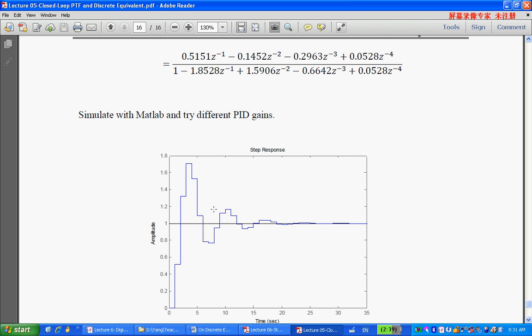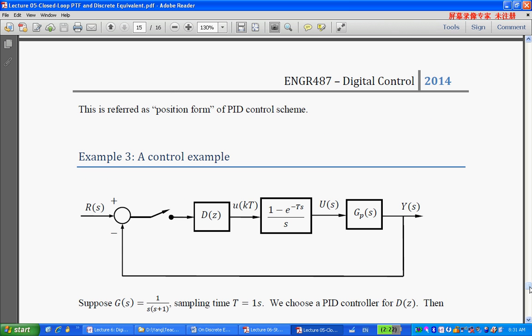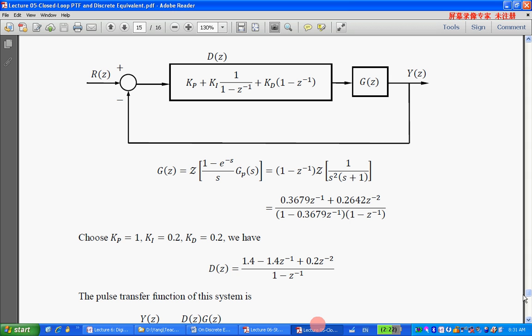And try to adjust the gains. The key here, where are the gains? The Kp, Ki, Kd. Try to adjust the gains and see what the effects of changing gains are. This kind of controller is basically what you're going to be able to implement on our experiment setup, right? Is that good? Okay.